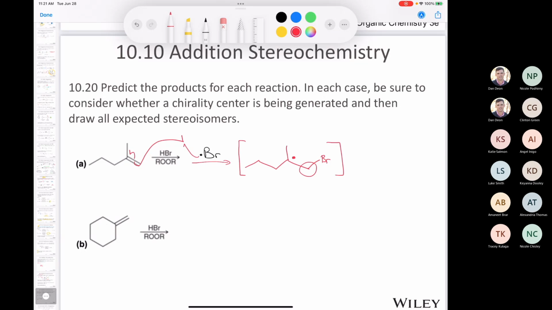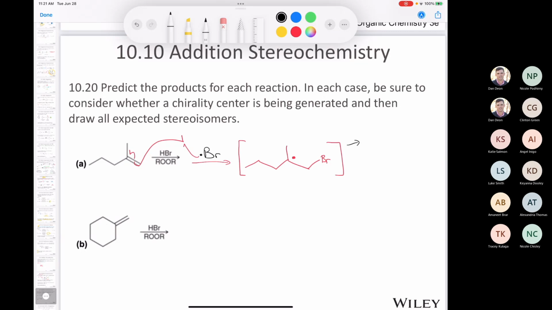Now, this is not a stereocenter where I have the circle. It's not a stereocenter because that carbon is already attached to 2 hydrogens. Ergo, it doesn't have 4 unique groups. We can remove those. However, when the hydrogen abstraction takes place from the HBr, I am going to form a stereocenter, and I can add the hydrogen to either face of the molecule.